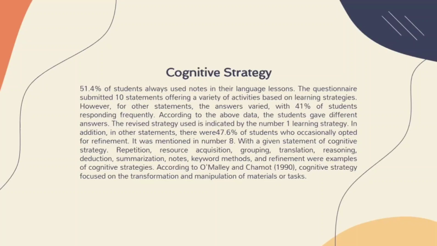With the given statements of cognitive strategy, repetition, resourcing, grouping, translation, reasoning, deduction, summarization, note-taking, keyword method, and refinement were examples of cognitive strategies. According to O'Malley and Chamot, cognitive strategies focus on the transformation and manipulation of material or tasks.